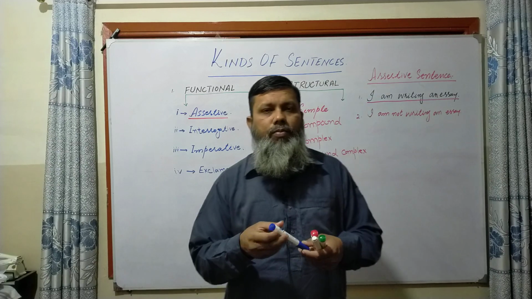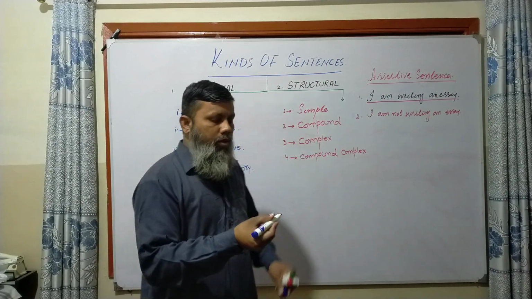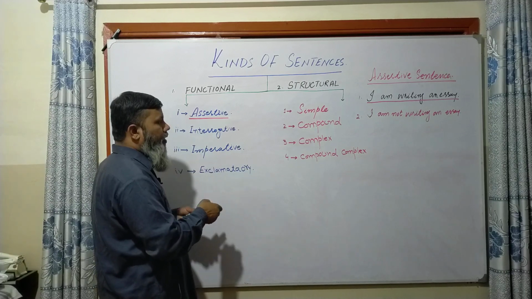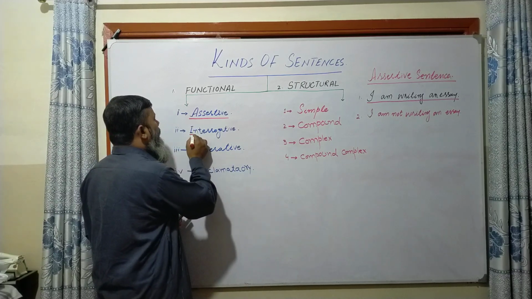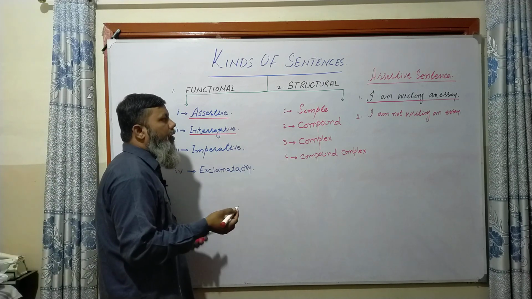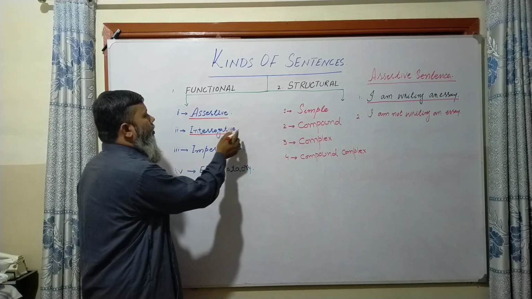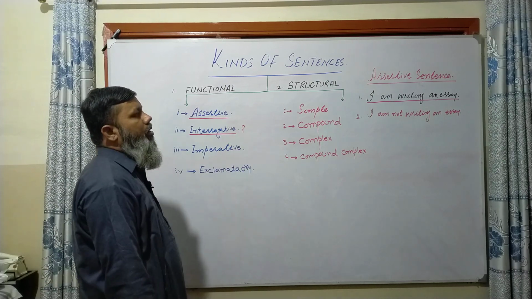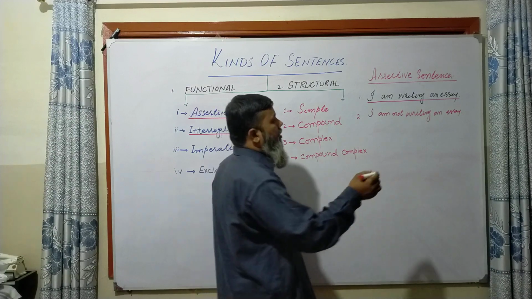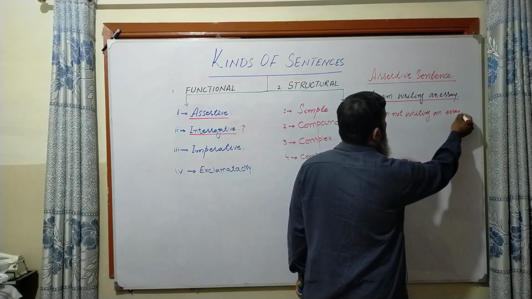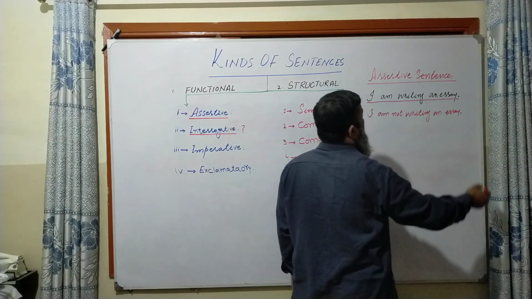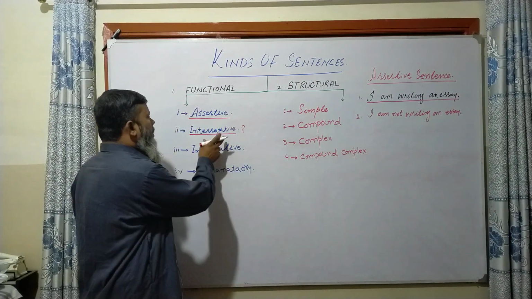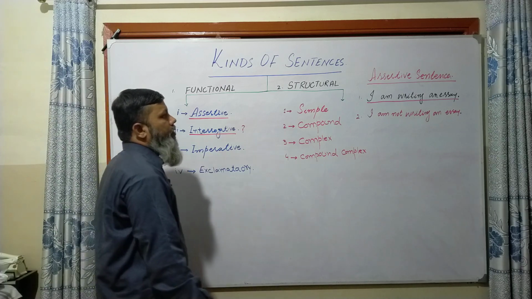Interrogative sentence means question, to ask or inquire of something or somebody, and it needs a question mark. But assertive sentences need a full stop. Do you understand?